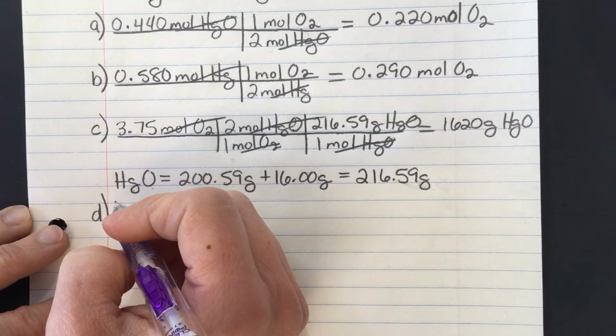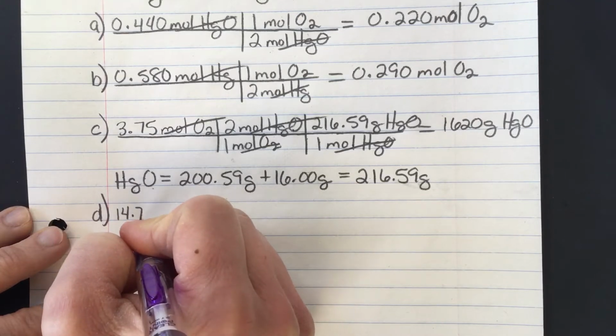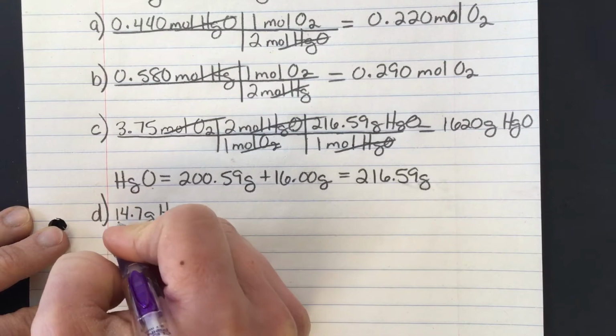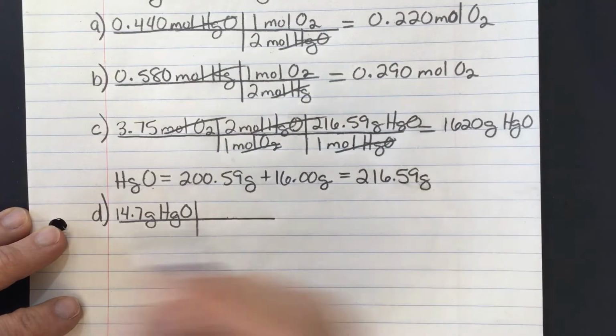How many grams of mercury are produced when 14.7 grams of mercury oxide react? So 14.7 grams of mercury 2 oxide. Now here I have to go to my molar mass sandwich because I start in grams, I want to end in grams.